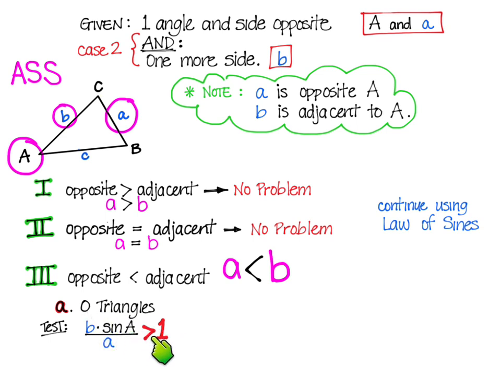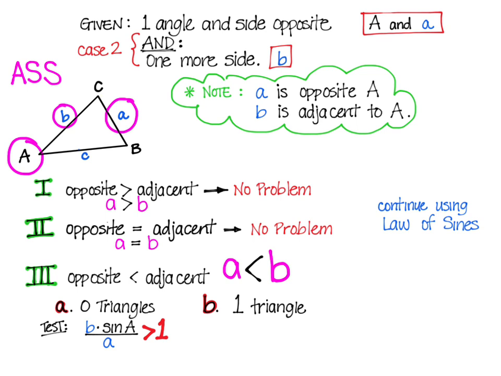If we get a number that is less than 1, well, we'll have to talk about that in a second. But right now, if we get this that's greater than 1, there's no triangle at all. The next case is there will be one and only one triangle. Well, even though side A is shorter than side B.